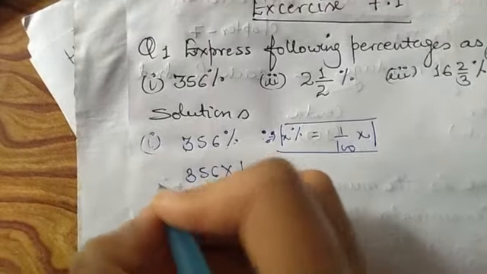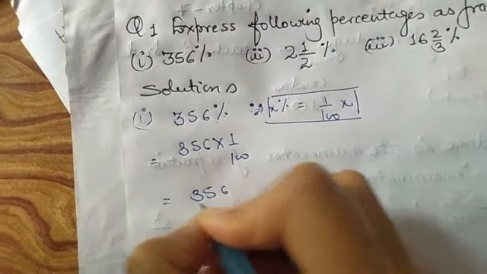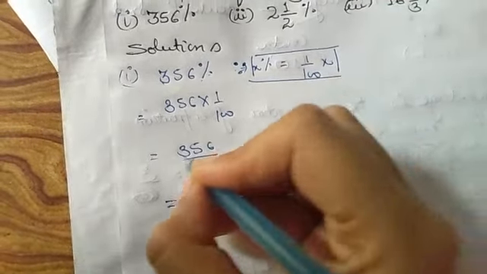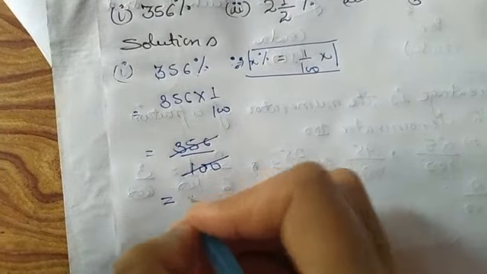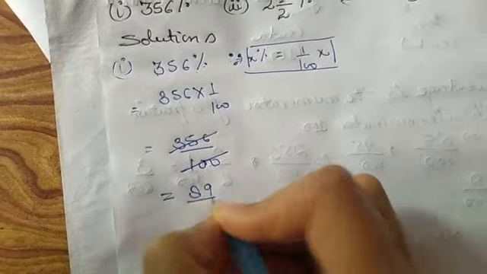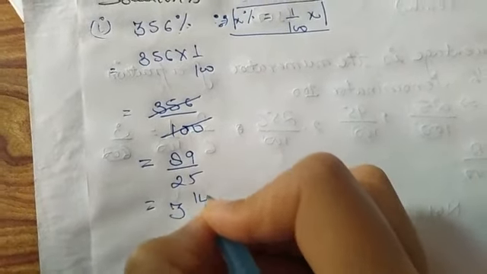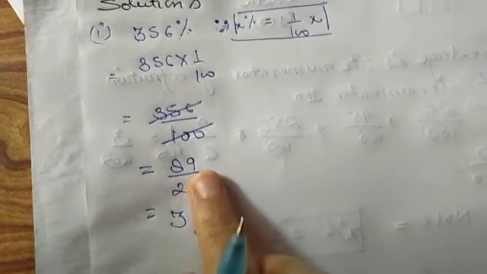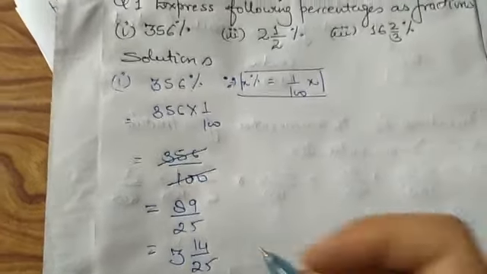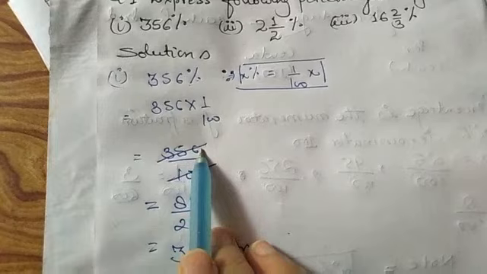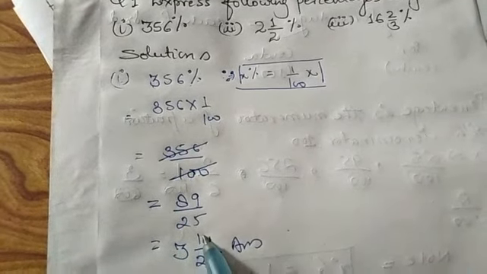Using this identity, now simply solving this, 356 upon 100, what do we get? Dividing by 4, it's 89 upon 25. We can also write it in mixed fraction form, 3 14 by 25. Simply dividing 89 by 25, we will get this. So this is your answer. You simply need to multiply the number with 1 upon 100, that is, divide that number by 100.